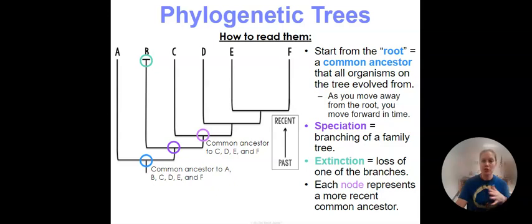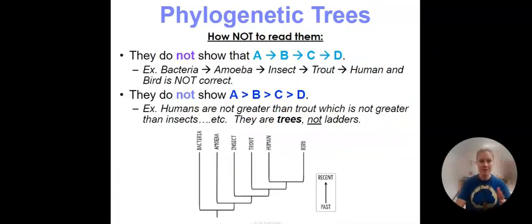So phylogenetic trees can show us how closely or not closely related two organisms are to each other. Now, what do phylogenetic trees not show us? They do not say species A evolved into species B, and then species B evolved into species C. We're not showing the path of evolution. We're showing how closely related they are.